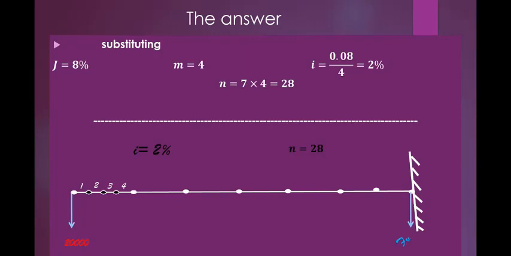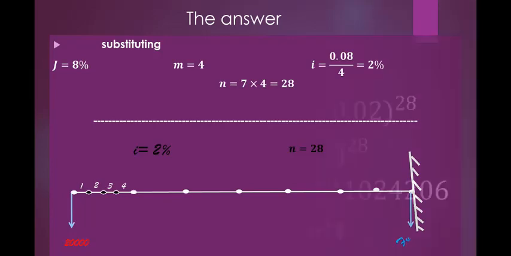The time diagram shows that there are 7 years, and for every year there are 4 periods. So the interest will be added 4 times in every year.